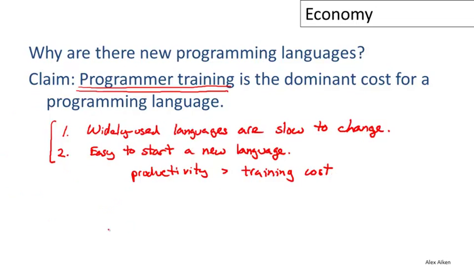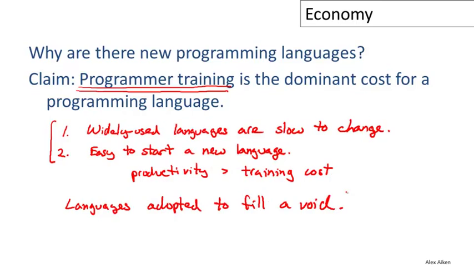Well, putting this all together, languages are most likely to be adopted to fill a void. Okay, and again, this is a prediction that follows from the fact that programmer training is the main cost.